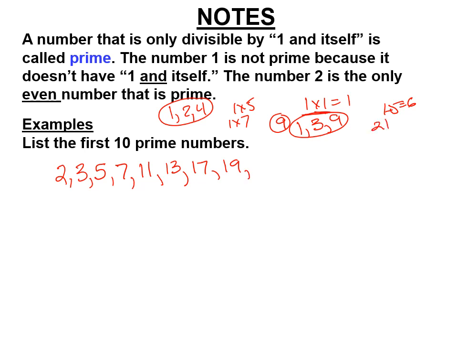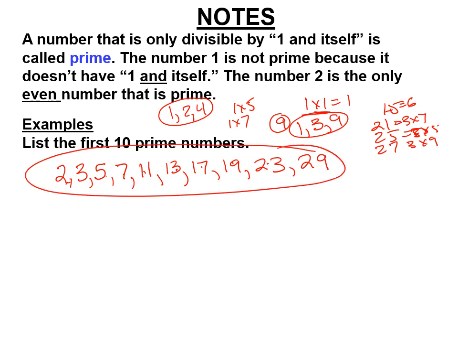But 21, no way. That has 3 times 7, so that's not prime. 23 is prime. 1, 2, 3, 4, 5, 6, 7, 8, 9. We need one more. No way, not 25. That's 5 times 5. Not 27 either, because that's 3 times 9 in there. Yeah, 29 is the 10th prime number.